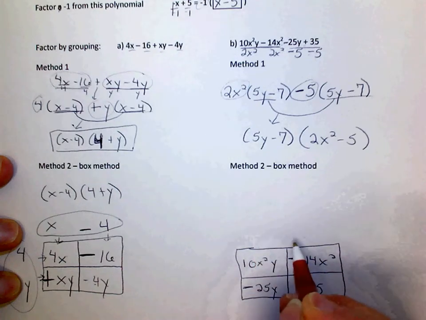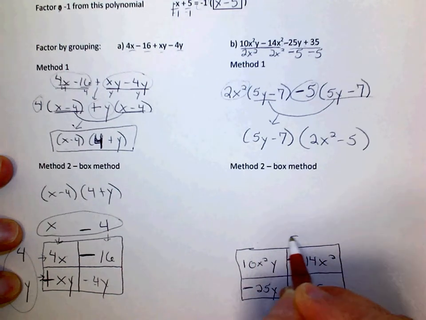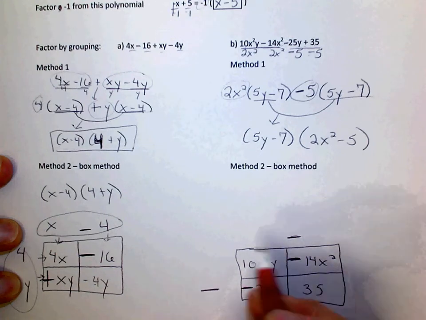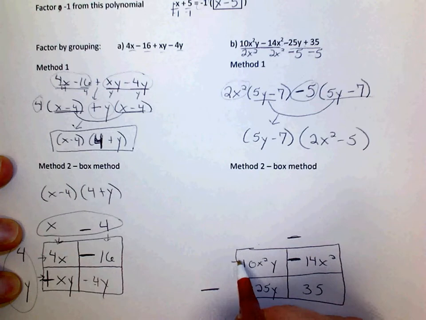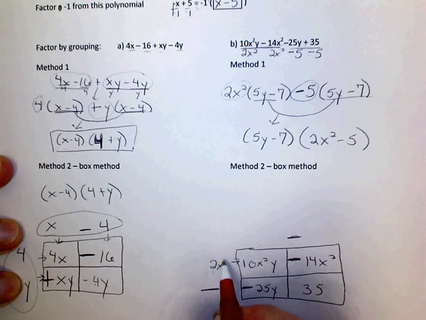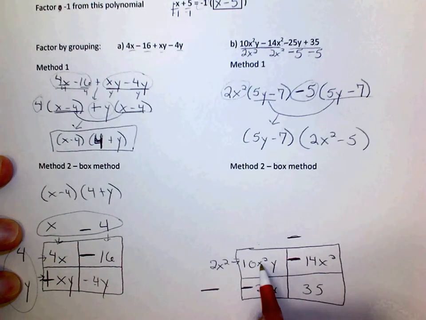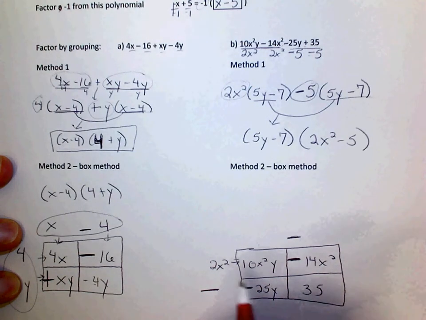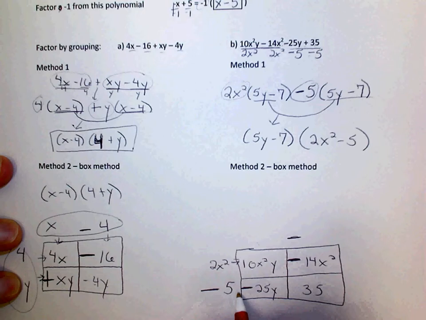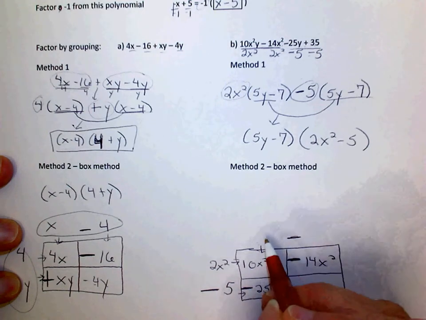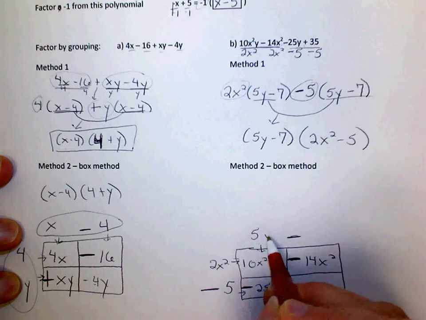Both of these are minus. Okay? My GCF going this way is 2x squared. Don't just bring a number out. If they have a variable in common, bring that out as well. And my GCF this way is 5. Coming down is 5y. And coming down is 7.